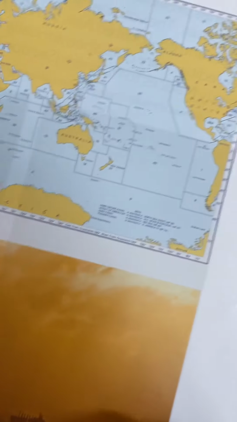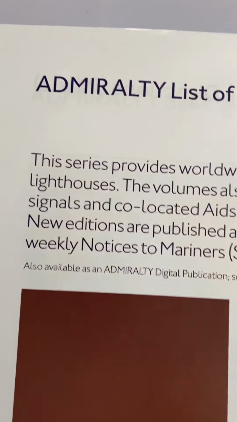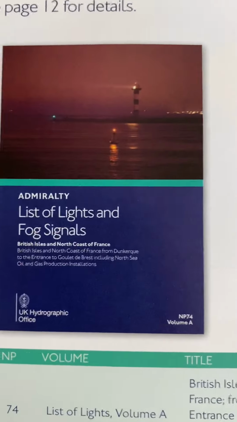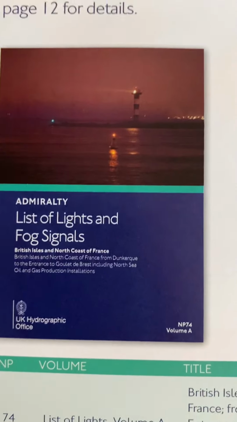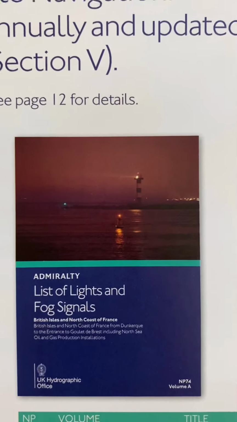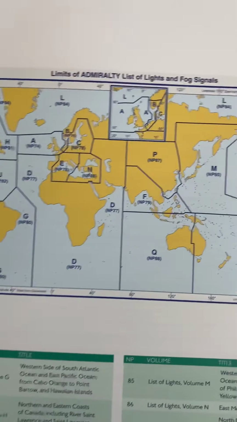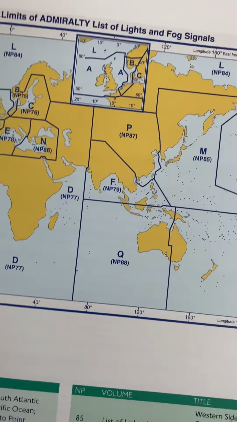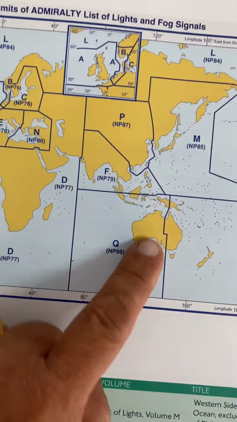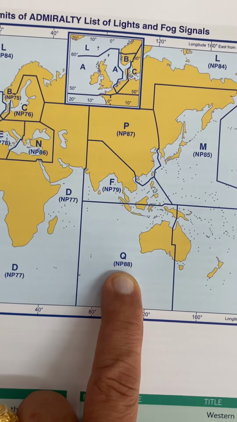So we will go again to the next one. We have the Admiralty list of lights. So this is the book or the publication. So how to get the right publication? We have also again the chart here. It depends on the area. You can see here, it has also indicated with letters, and at the bottom of the letter, you have the publication number.